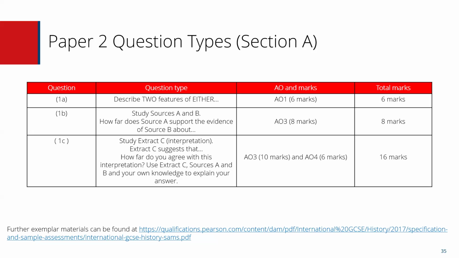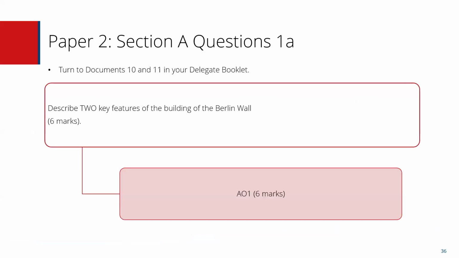So if we look at question 1A in your delegate booklet, we are looking at document 10 and 11. Document 10 is your generic level mark scheme for section A, question A. Like I said, that's AO1: demonstrate knowledge and understanding of the key features.